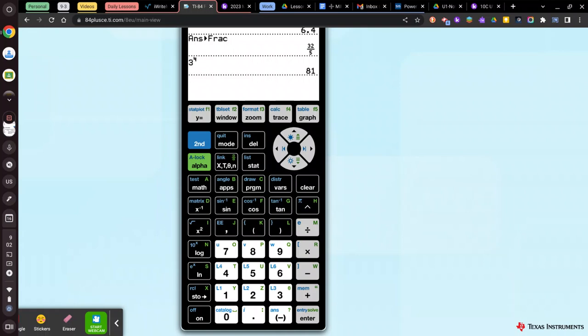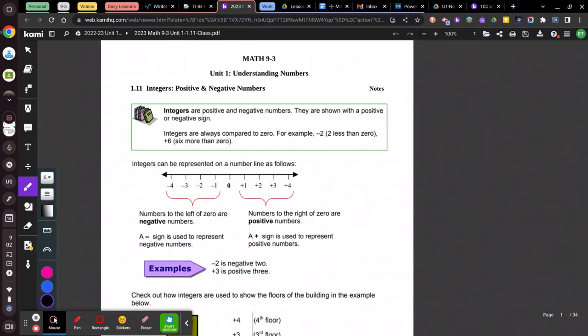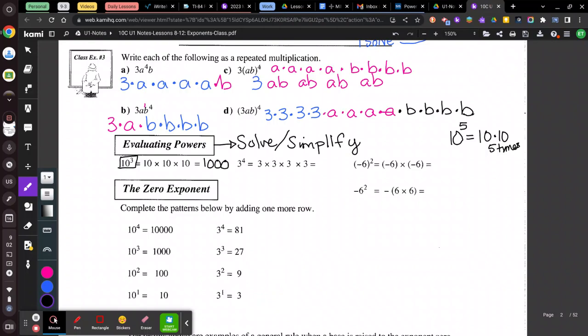For some calculators as well, you also have to include a bracket. Yes, in many, especially if it's a fraction. Fractions always include brackets. All right, back to where we were at. Whoops, not that one. Where were we at? Right over here. Okay, so 3 to the 4th is 81.